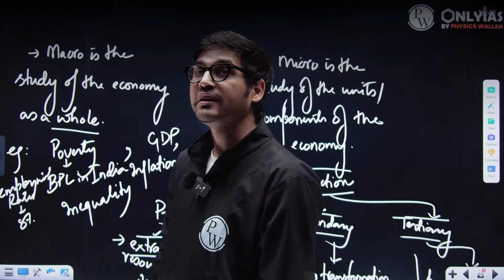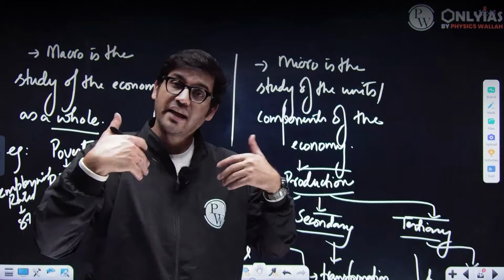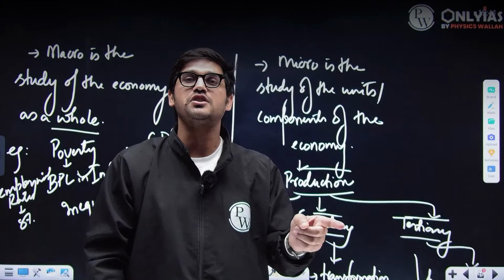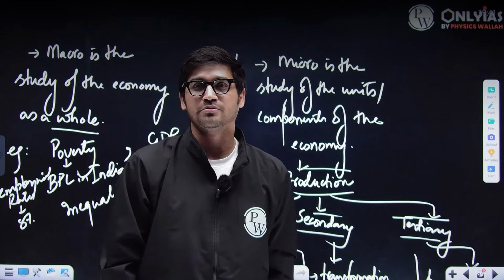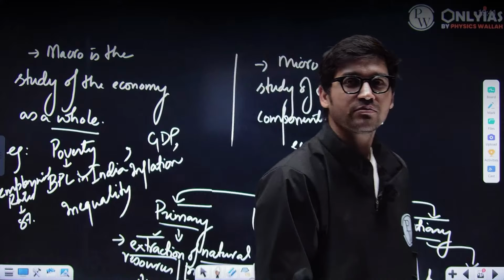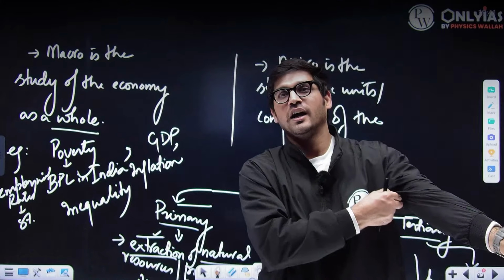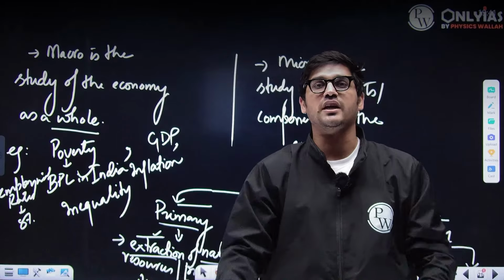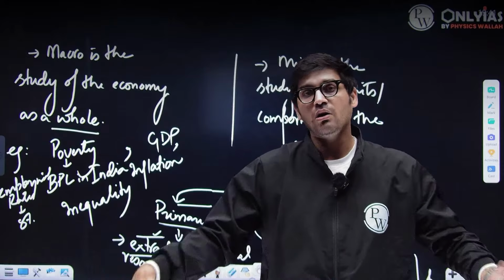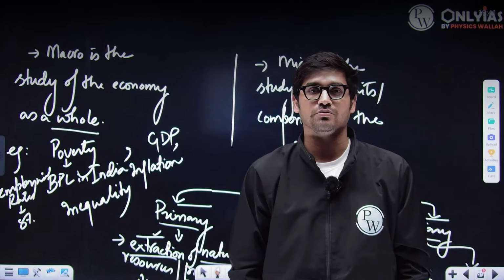Siddharth is saying, what about industrial sector taken as a whole? Siddharth, ask yourself, industrial sector is just one part of one sector of the three sectors of an economy. Harshit is saying consumption and production. If you are talking about all the consumption in India, macro. If you are talking about all the production in India, macro.